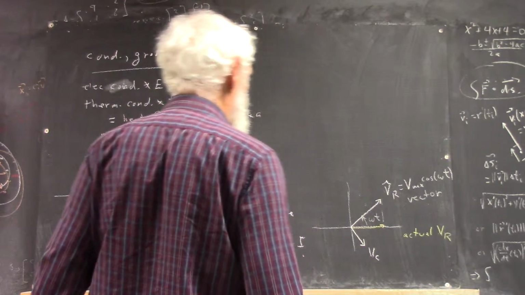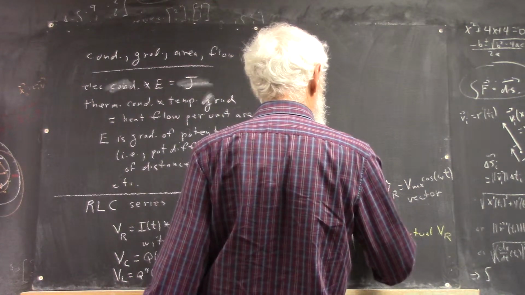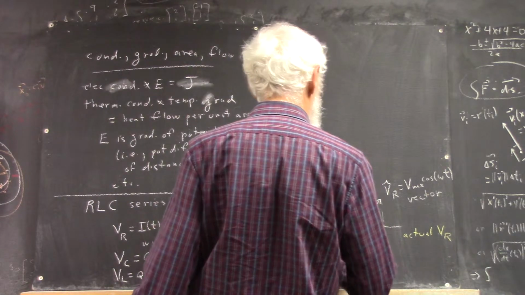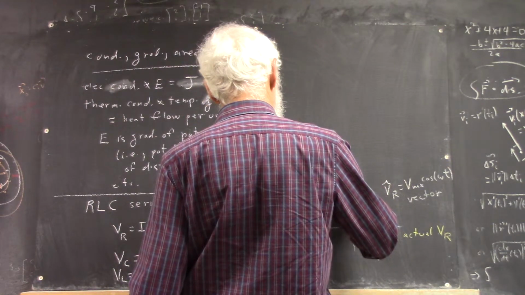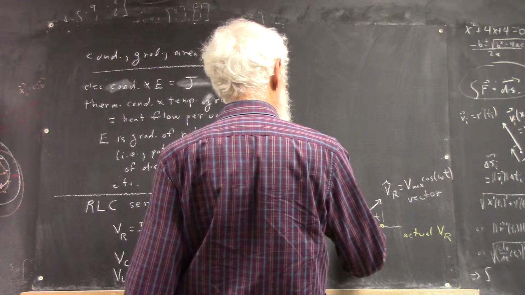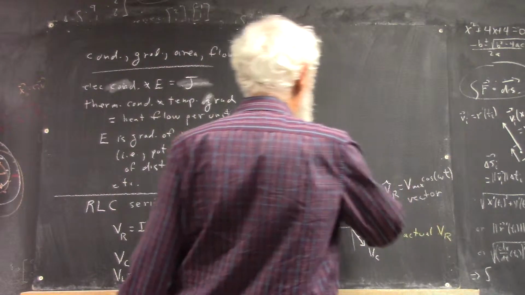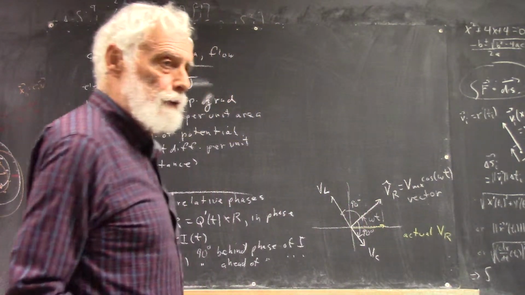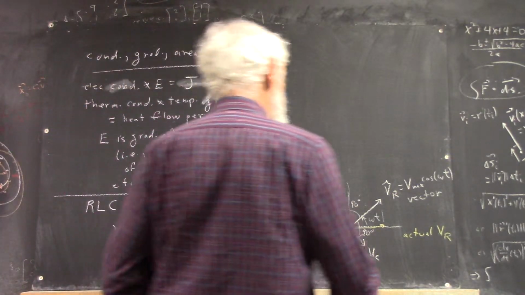Anyhow, then we got that, and then of course it's 90 degrees behind. And then we've got VL, and the current is 90 degrees behind the voltage of the inductor. There's our picture. We get a resultant of these vectors.